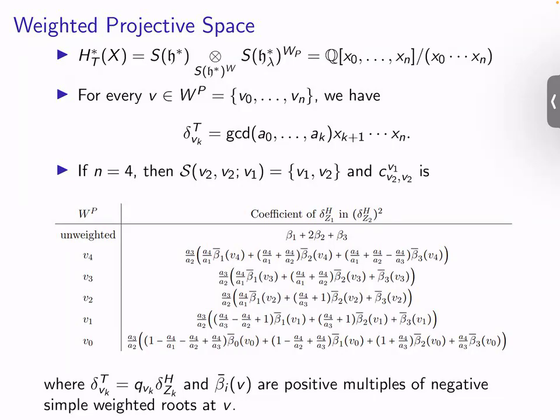And if you ignore some of the positive constants, this table shows you what that weighted structure constant is at different weighted roots. And so now you can see really where you need the support for the positivity statement. If you look at the expansion of the equivariant weighted structure constant at V1, you can see there's choices of chi making some of the first term there negative.